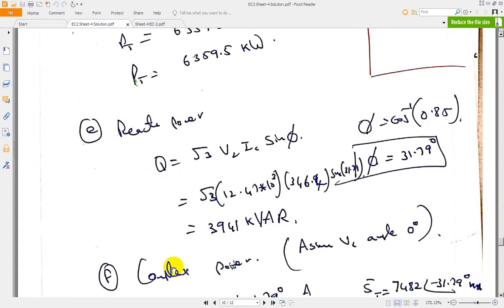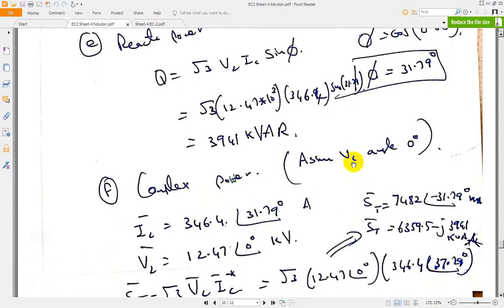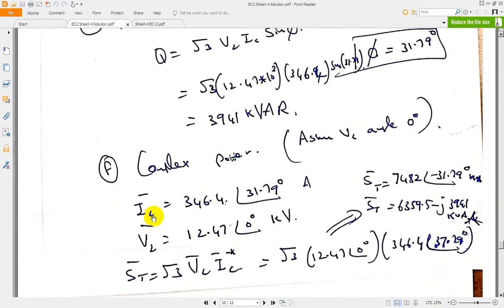If you want to calculate the complex power, assume the line voltage is at an angle of 0, since the supply voltage is generally taken as the reference. So IL is equal to 346.4 at an angle of 31.79. This is the line current, and this is the line voltage, 12.47 at an angle of 0. In an AC circuit, complex power ST is equal to √3 VL IL conjugate.